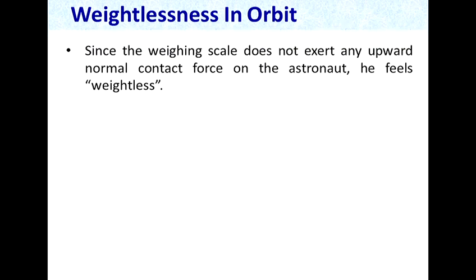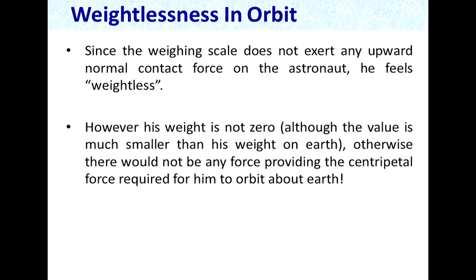So that's apparent weightlessness. But his true weight is not zero. The weight is much smaller than the weight on Earth because the value of g is much smaller than 9.81. But it is not zero. Otherwise, there's no way he can orbit because you need the weight to provide the centripetal force.